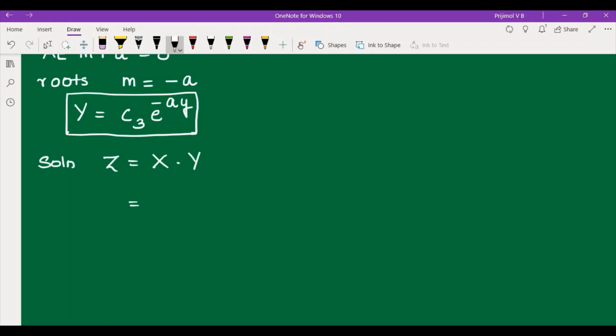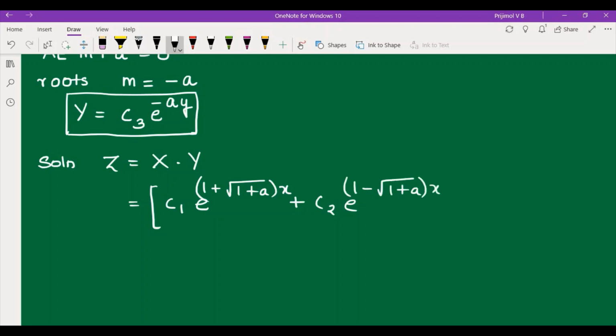Now let us substitute in this. Capital X we have solved earlier. It is C1 into e raised to (1 plus root of 1 plus a) x plus C2 e raised to (1 minus root of 1 plus a) x. Yes, I have substituted capital X, and now I am substituting capital Y, C3 e raised to minus ay.